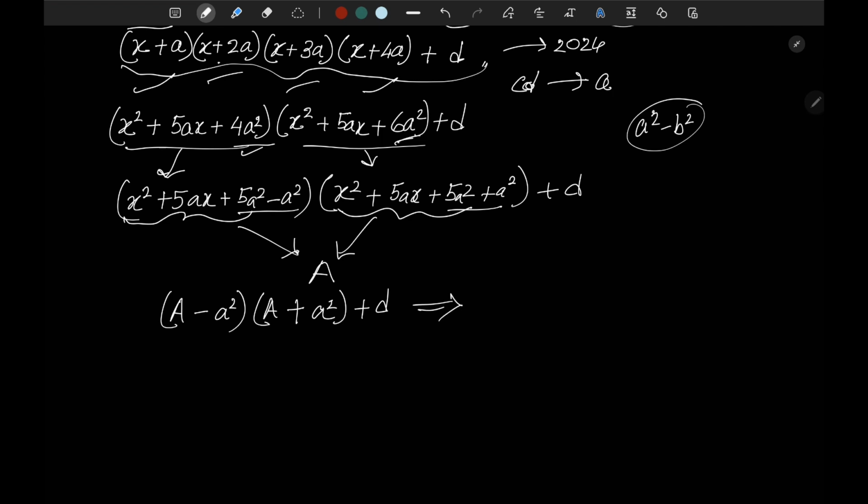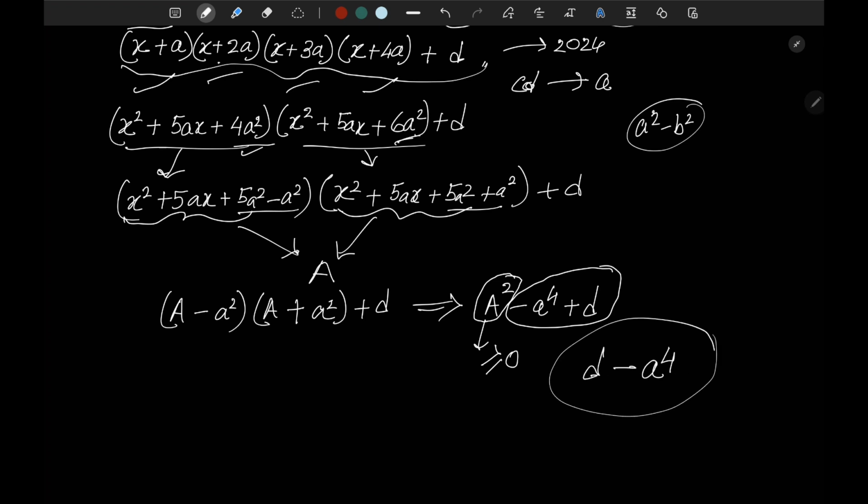This boils down to A² − a⁴ + d. Like we had discussed previously, the square term will always be greater than or equal to 0. So what is the smallest value of such expressions? That is essentially d − a⁴.